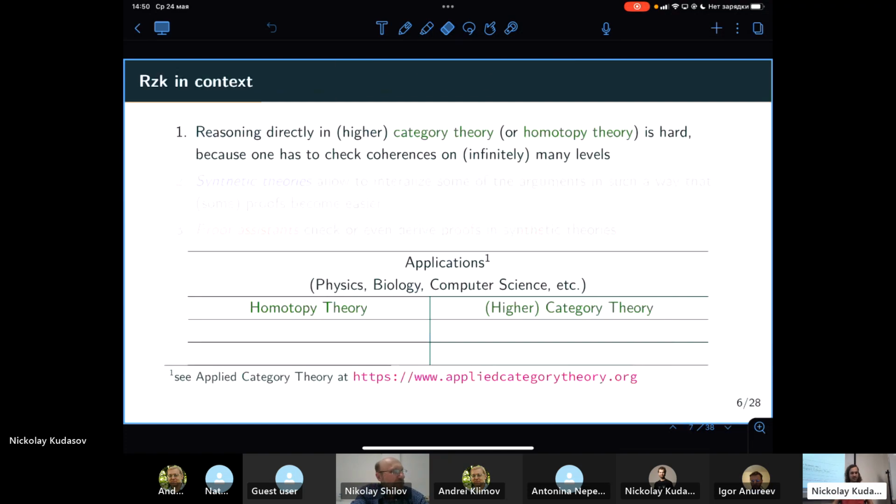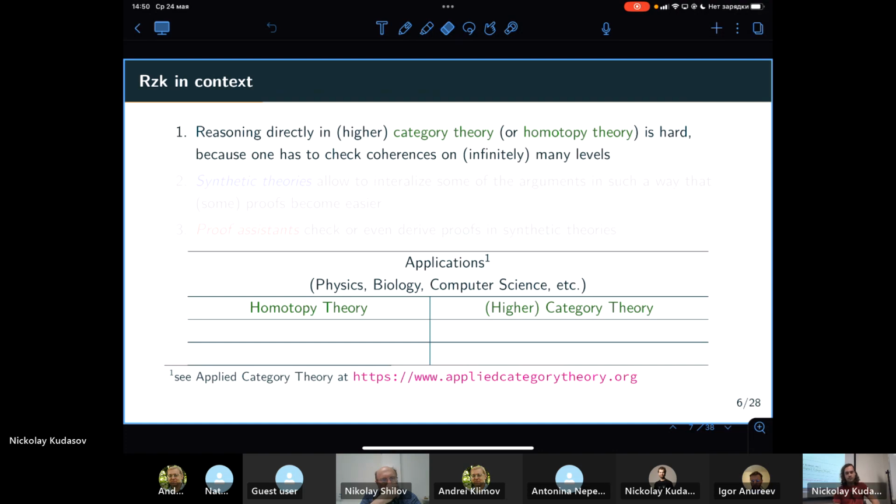Absolutely. So now we can get to that. Now that you know that category theory is really important and everyone should know it. Reasoning directly in category theory and homotopy theory can be hard, and this is especially true for higher category theory.